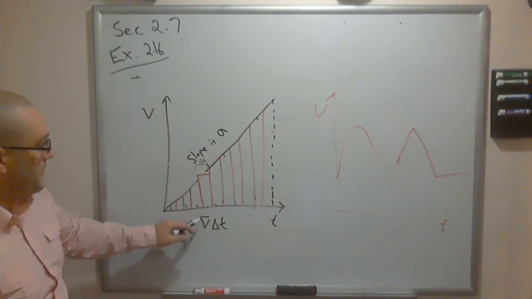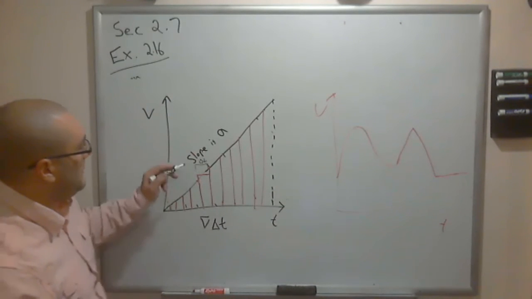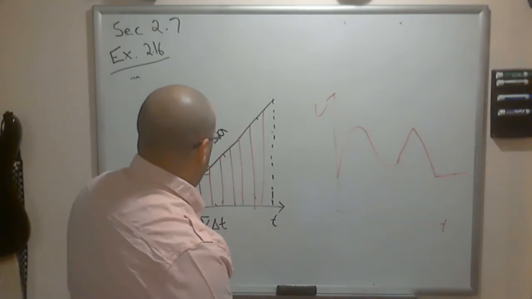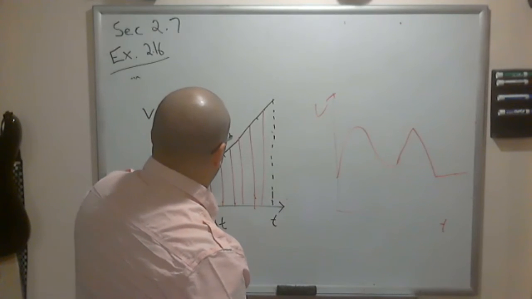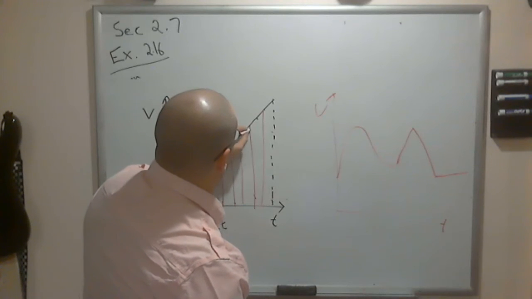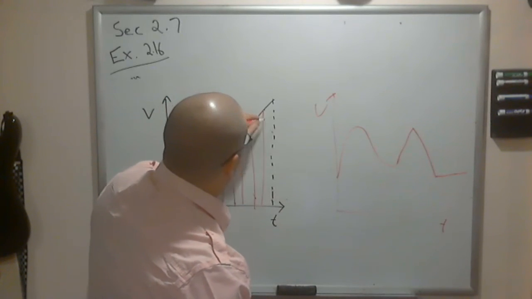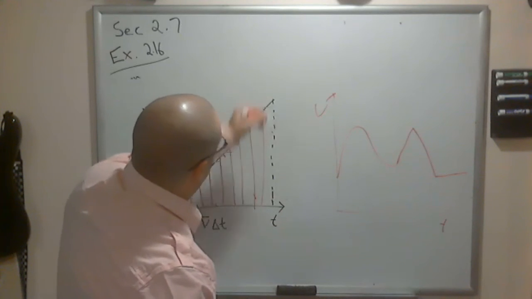So now we can approximate this function, right? And then over here we do the same thing. Right, and so on and so forth to the top.